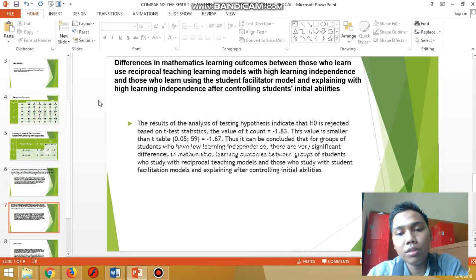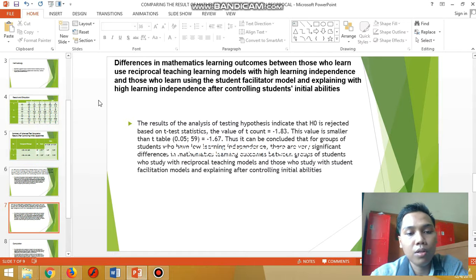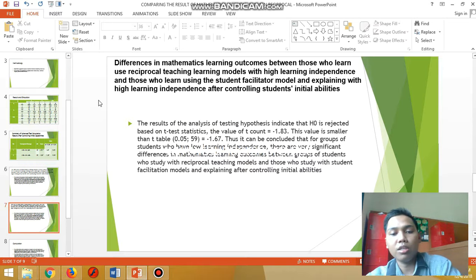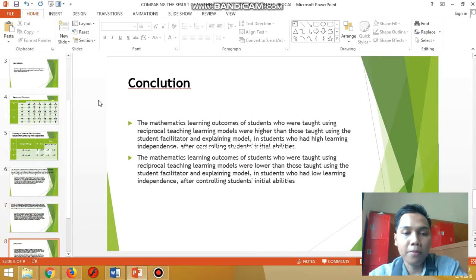Thus, it can be concluded that for the group of students who have low learning independence, there is a very significant difference in mathematics learning outcome. But when the group of students who study with reciprocal teaching model and those who study with student facilitator and explaining, after controlling initial ability.